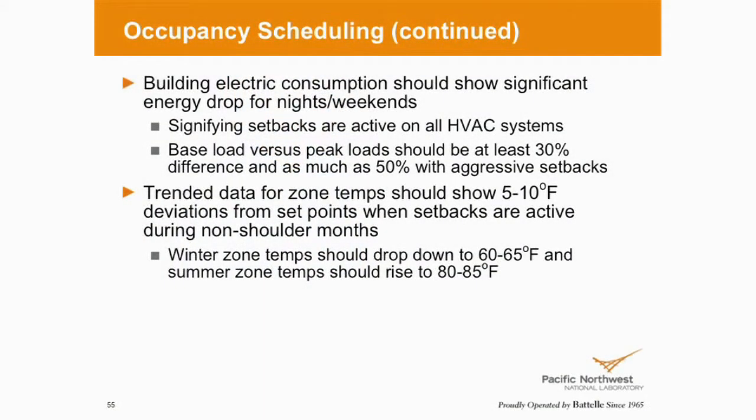So if I'm looking at my meter and I'm doing aggressive scheduling on my HVAC systems, my lighting systems, we would generally want to see with aggressive scheduling on your building a 30% difference or as high as 50% difference from the base load to your peak load.